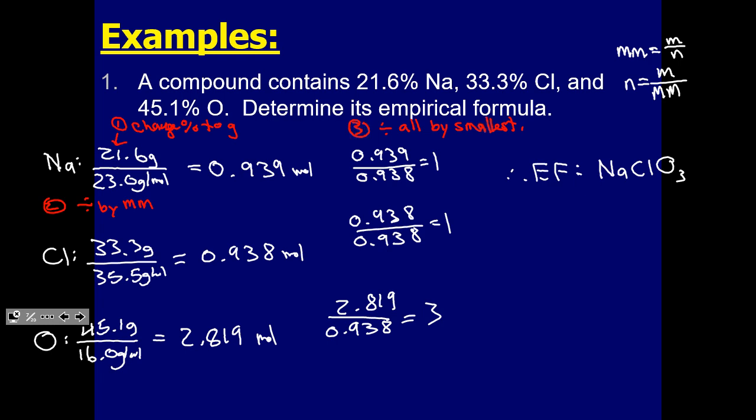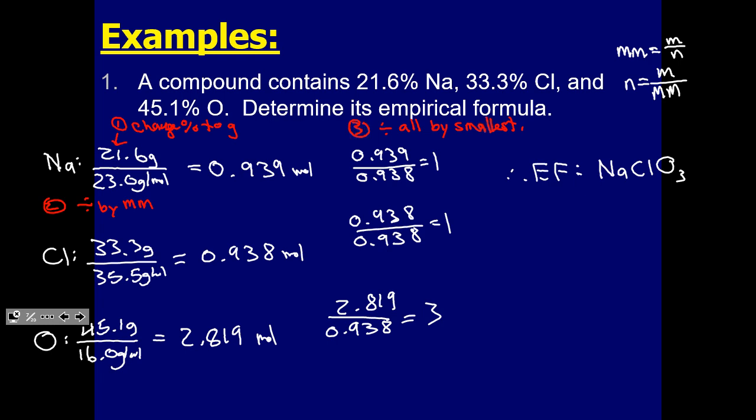When we're given a percentage, we divide by its molar mass to turn it into moles. We do it for all of them. We then divide by the smallest number in order to make it into a whole number ratio, and then we have it. I've got to go through 3 or 4 more other examples because there are a few that have little twists in them that I got to show you how to do. But that's the basics. We do them all the same way.